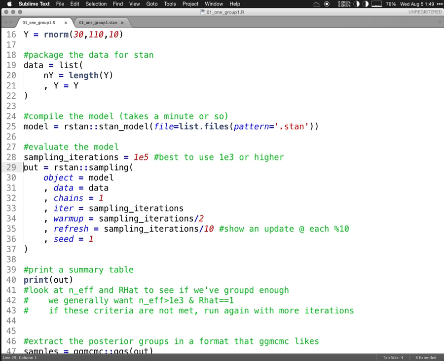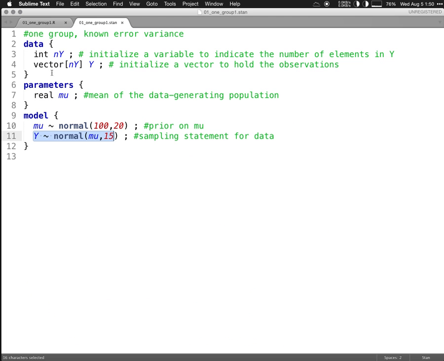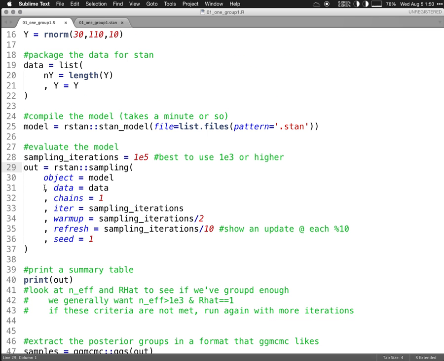It doesn't have an analytic solution, so what it needs to do is sample the parameter space associated with your model.